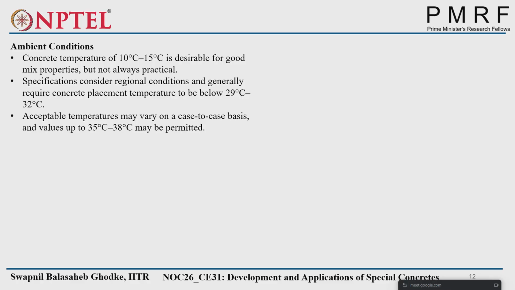These are the conditions according to the ACI only. A concrete temperature of 10 to 15 degrees Celsius is desirable for good mix properties, but not always practical. See this condition: not always practical, meaning it is based on the location of the site. Specifications consider regional conditions and generally require the concrete placement temperature to be below 29 to 30 degrees Celsius, or 32 degrees Celsius.